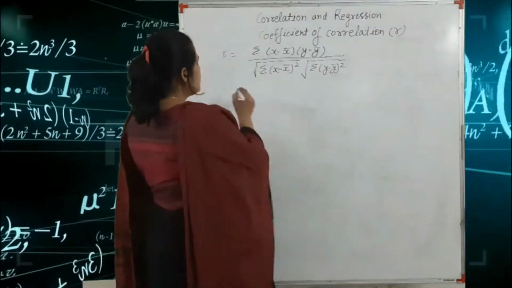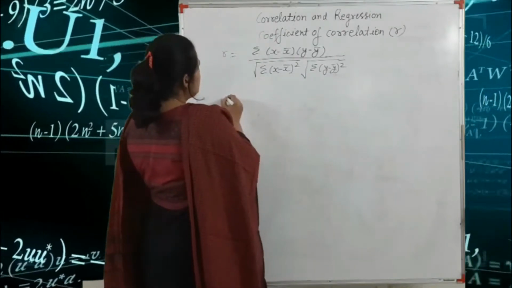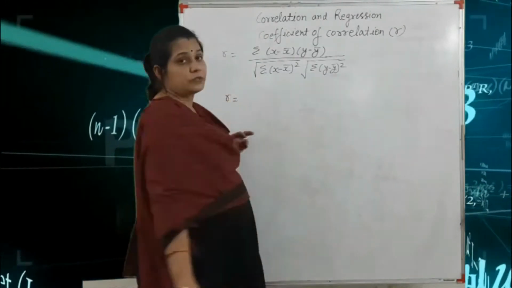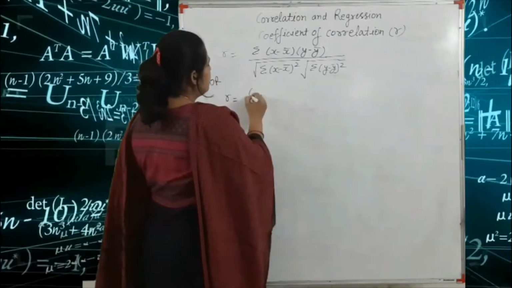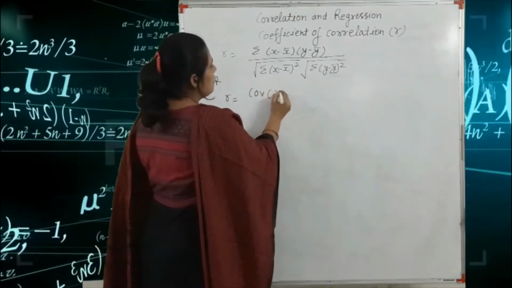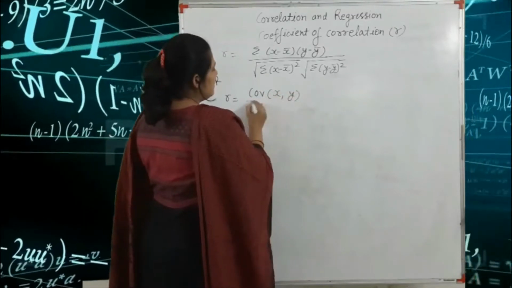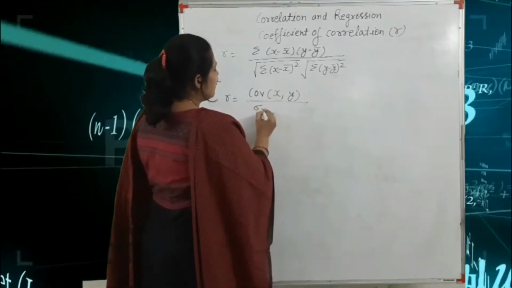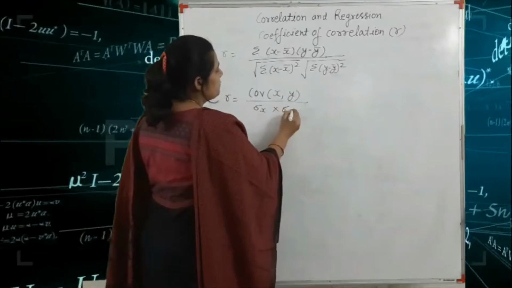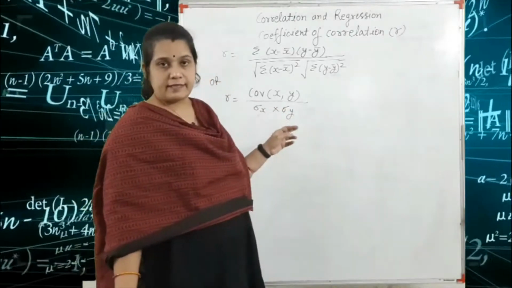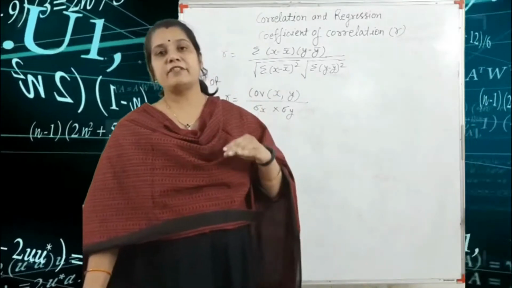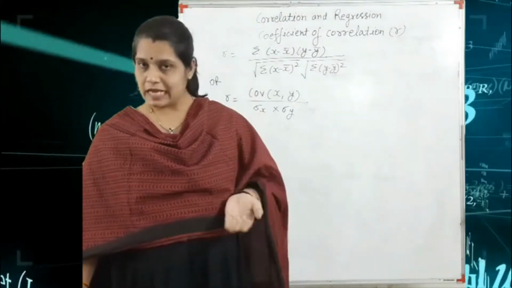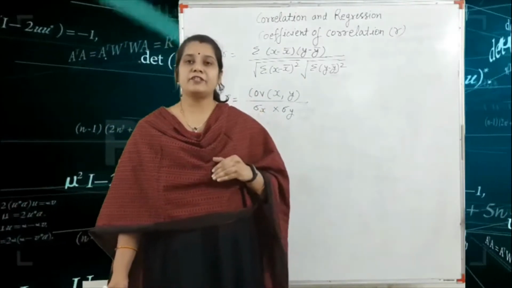Next, for small r we can write r is equal to covariance of x comma y divided by sigma x into sigma y. Here sigma x and sigma y are the standard deviation of x and the standard deviation of y.